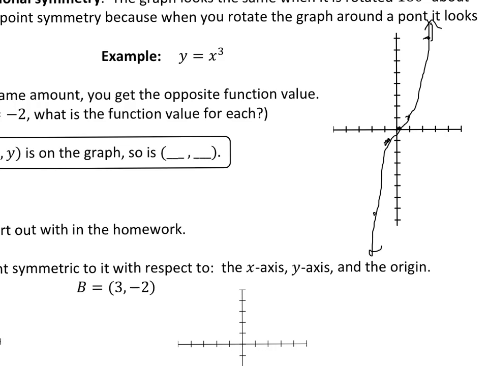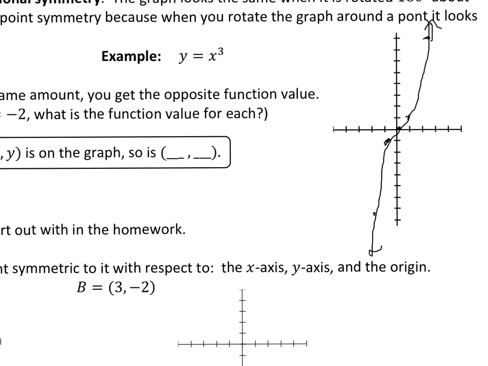Okay, now what origin symmetry does is if I basically stick a pin right in the origin and I rotate it 180 degrees, the new graph should look exactly like the old one. Okay? Which in this case it will.